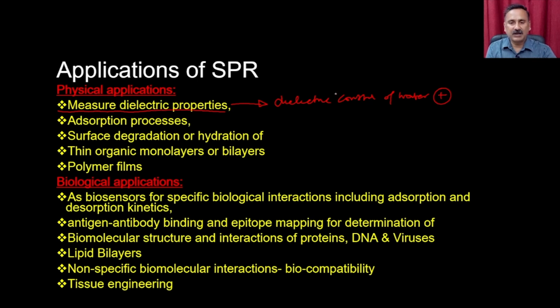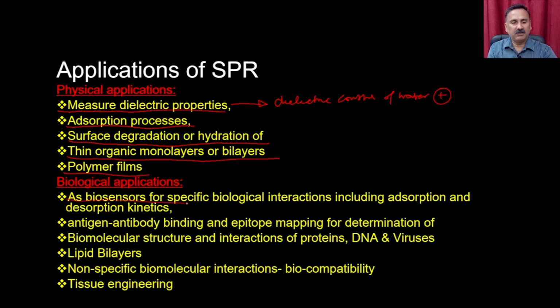So if you want to vary these, you can also measure the dielectric properties of the buffer. Then you can also use it for adsorption processes. You can use it for surface degradation or hydration. Then you can also use thin organic monolayers or bilayers, and you can also use polymer films. What are the biological applications?